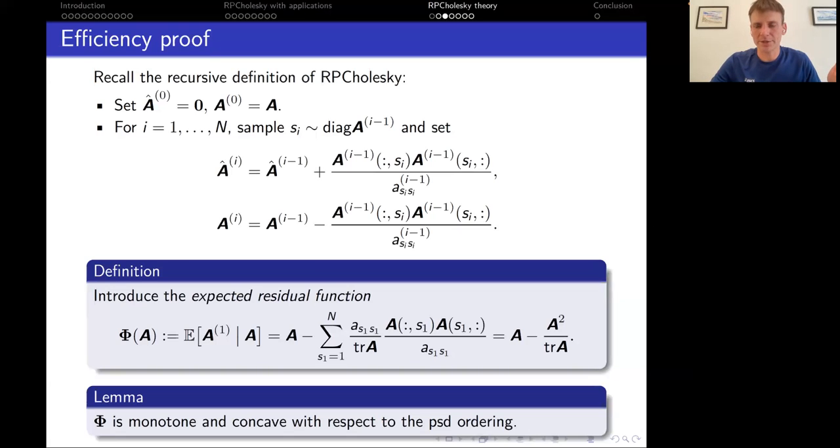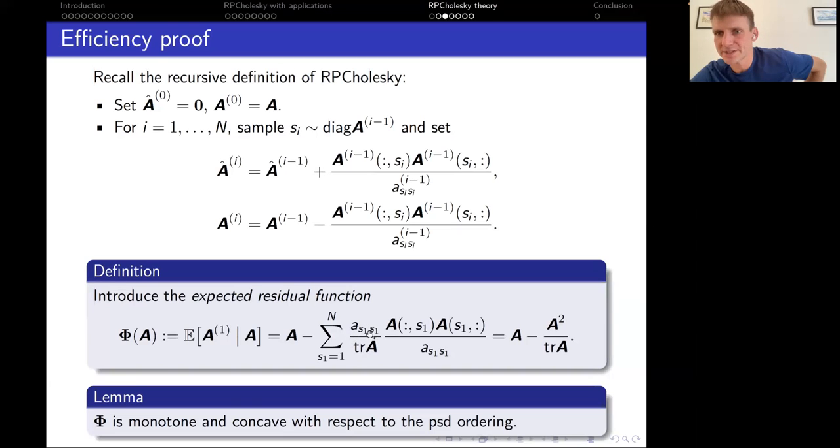And so what you might want to do with Markov chain theory is you might want to look at how the Markov chain evolves under one step. Let's look at the expected behavior under one step. Let's look at the expected one-step residual, given that you start from a state A. Well, that's defined as randomly sampling a pivot according to this probability distribution.